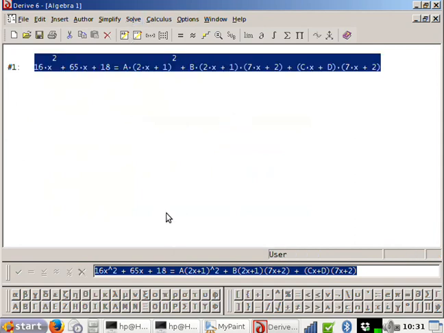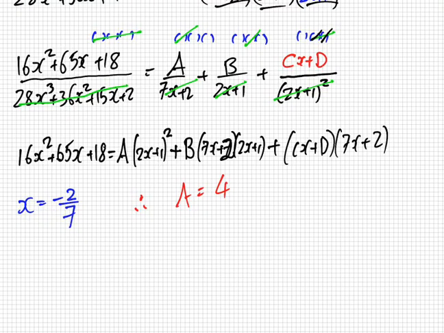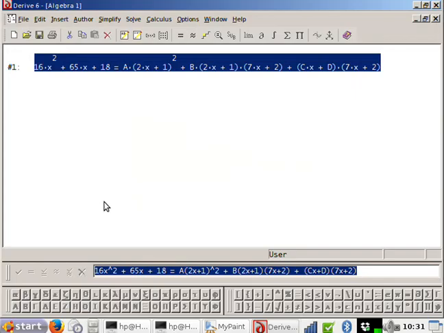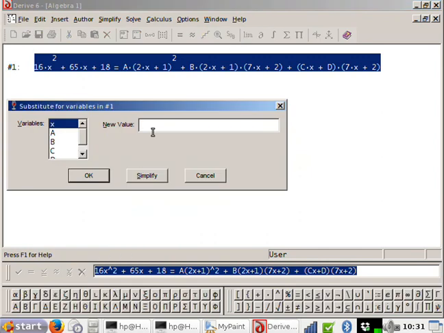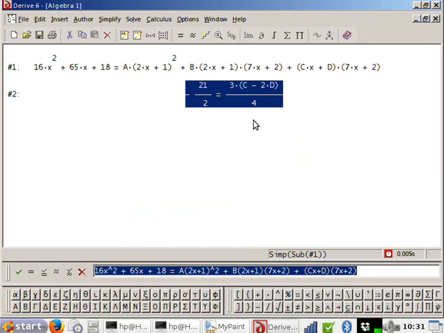What should I choose next for x? If I choose minus 1 over 2, then the first one goes, the second one goes, but I'm left with this. But let's see what happens anyway. If I choose x equals minus 1 over 2, I get this here.